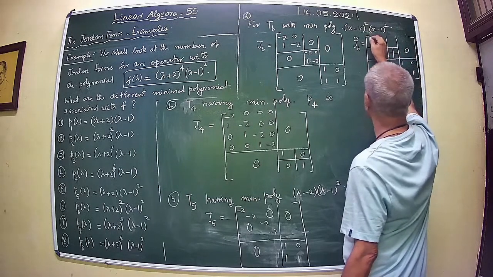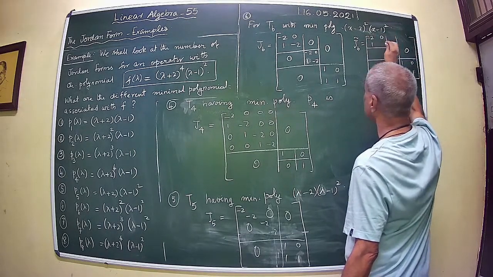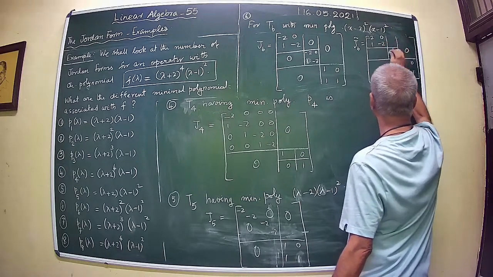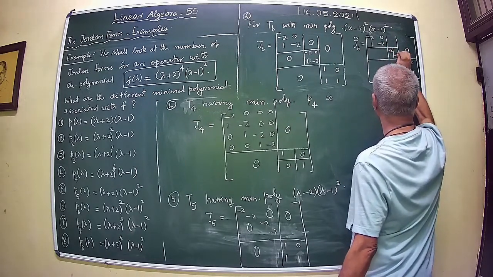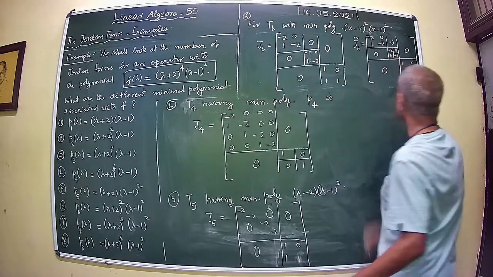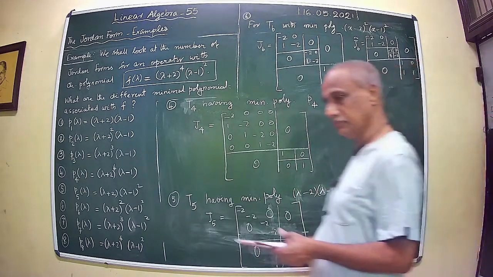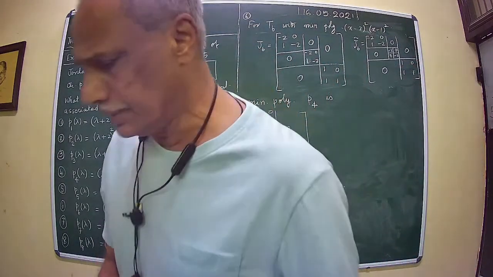So it is going to be minus 2, 0, 1, minus 2, minus 2, minus 2. That is J6. Now the others are fairly simple, straightforward.